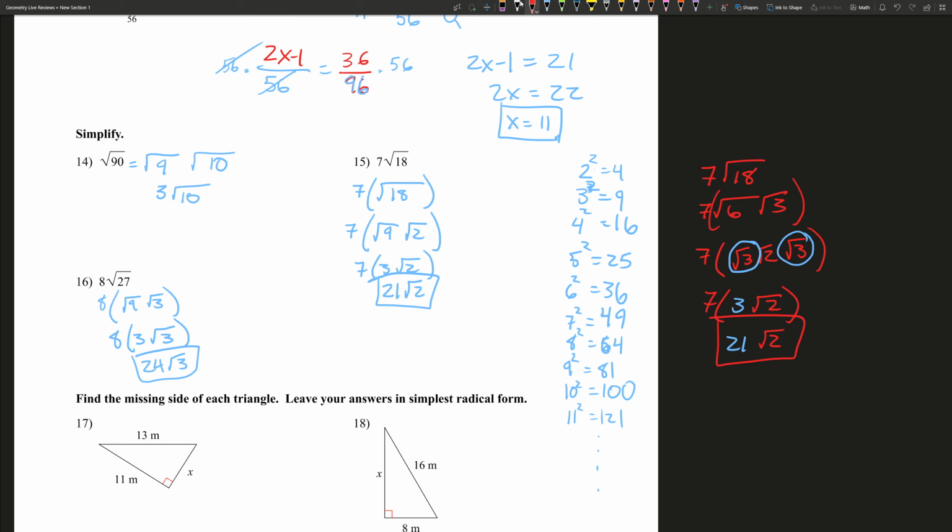So you can do it both ways. If you do 6 times 3, though, you have to simplify that 6 just a little bit more. So questions about 14, 15, or 16?